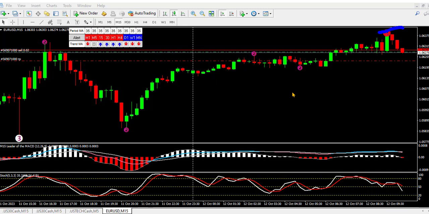It is very useful and effective. And the number 2 on the semaphore indicator is just a continuation. For instance, if I enter a buy trade here and I see this number 2, I will get out of the market and wait for another number 2 in the direction of this particular trend, because we have the trend pointing up.